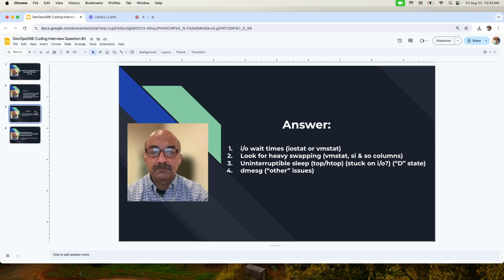Now, if we have memory problems, often they show up as a swapping problem. What is swapping? Let's say you have 10 things running in memory and memory is getting full, and you try to load the 11th one.